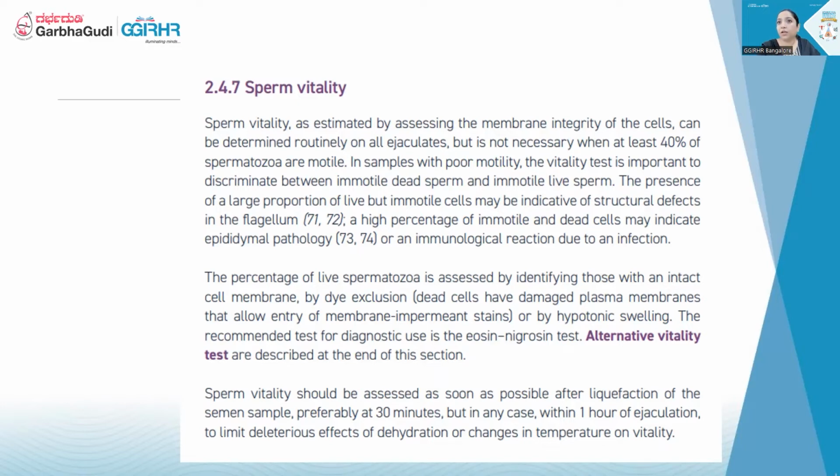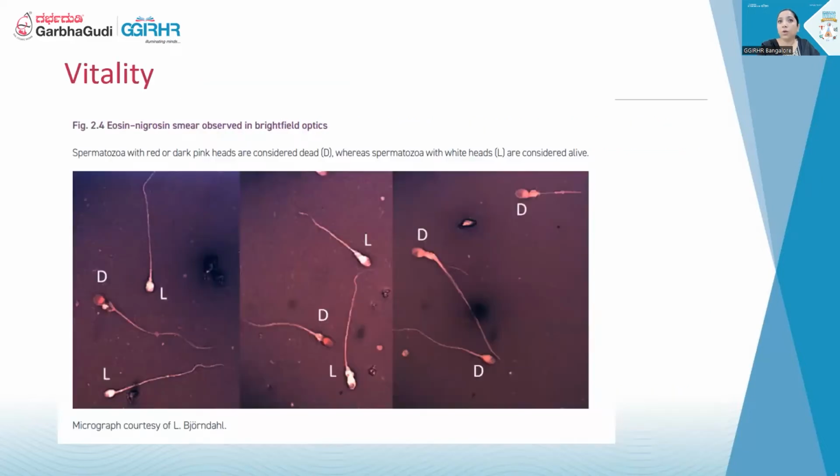So this is about vitality. Vitality will basically tell you the number of live sperms versus dead sperms, and there are two tests, HOS and semen staining. So this is how a semen smear or stain would look. Here the membrane is not working as such or not intact, so it will take up the stain and appear dark red, or dark pink sometimes.